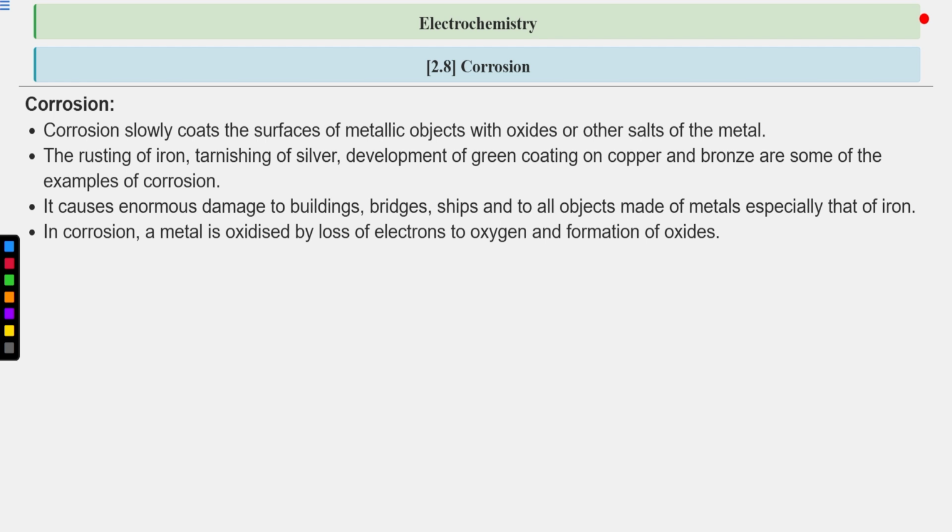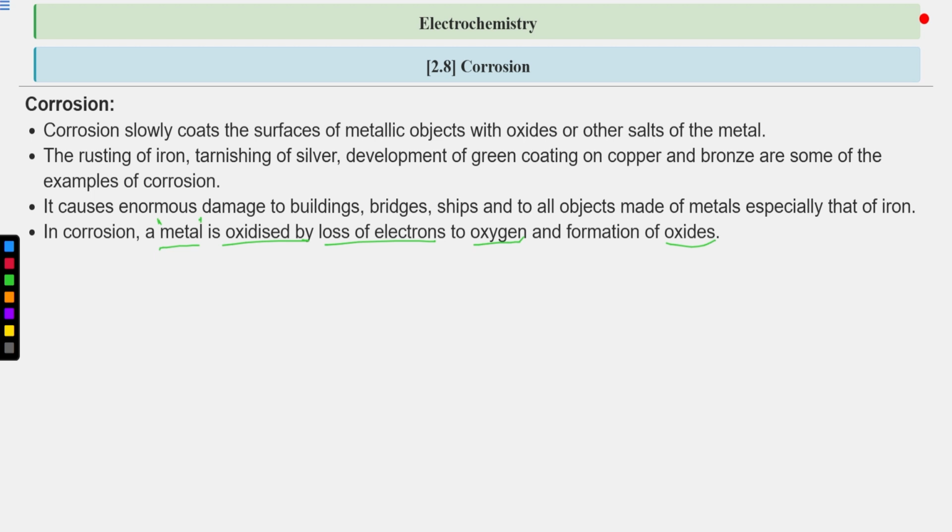In the corrosion process, a metal is oxidized by the loss of electrons to the oxygen, with formation of oxides. As I said, generally corrosion happens when objects made up of metals are placed in the open area or in contact with the air, right? So in corrosion, what happens? The metal will be oxidized.